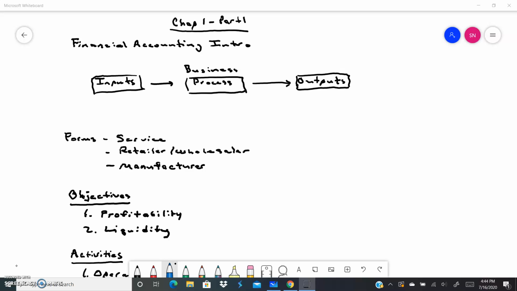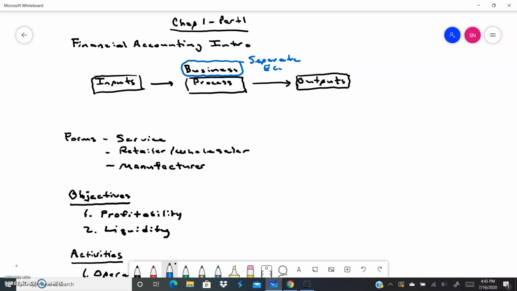So first of all, we have our business, and in this particular sense, we're going to always recognize the fact that the business is going to be a separate economic entity apart from the owner of the business. So it's going to be separate and distinct economically.